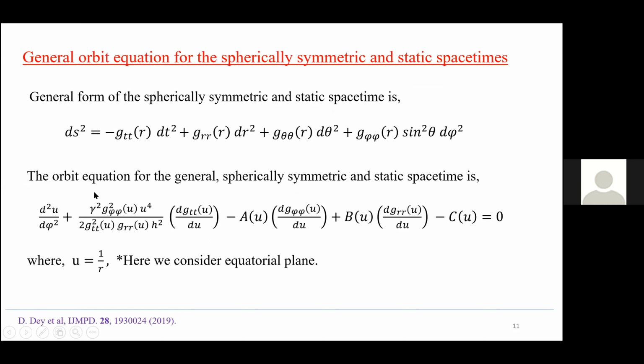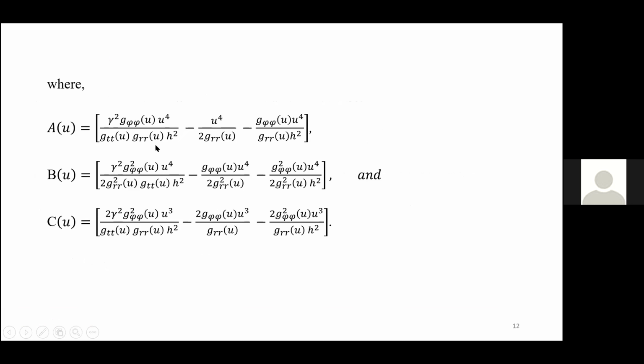So one can derive the orbit equation for the general spherically symmetric and static space-time, which is a second order nonlinear differential equation, where g_tt, g_rr, and g_phiphi are functions of r, and we consider 1 over r equal to u here. And the functions A of u, B of u, and C of u are described by these equations.